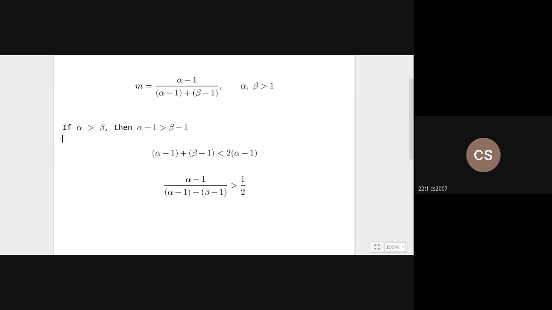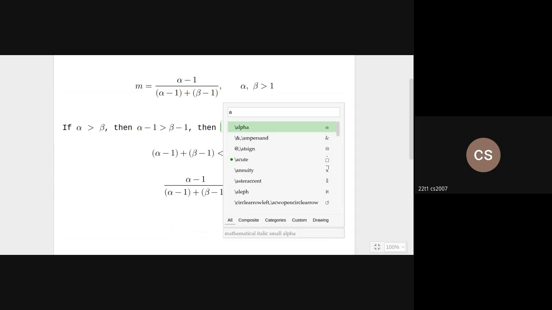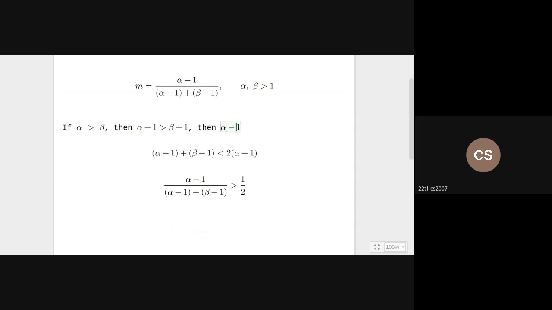If alpha is greater than beta, then alpha minus 1 is greater than beta minus 1. What I've essentially done is add the same thing to both sides: alpha minus 1 plus alpha minus 1 is greater than alpha minus 1 plus beta minus 1, right?